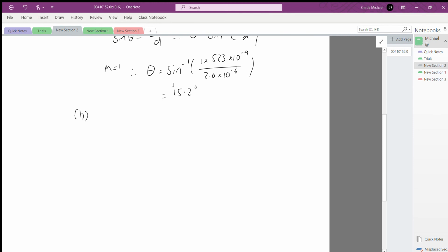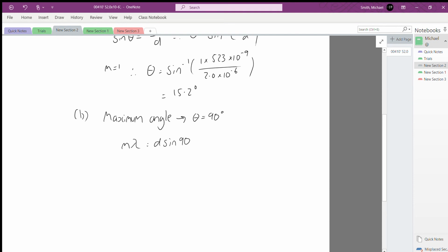So here, this process is a little bit tricky if you're not used to it. The maximum angle we can observe is when theta equals 90 degrees. Therefore, we're trying to find the value of m such that m lambda equals d sine 90.